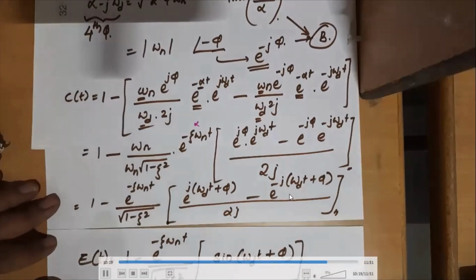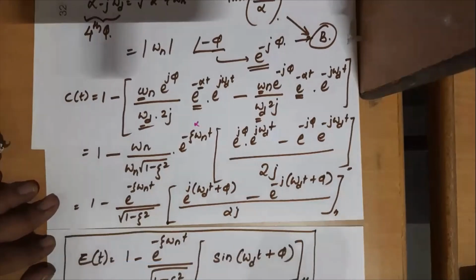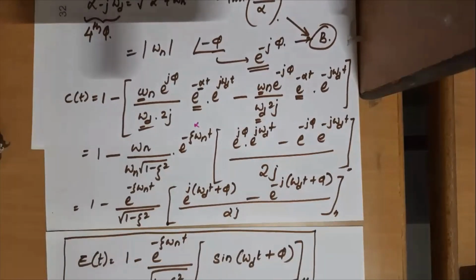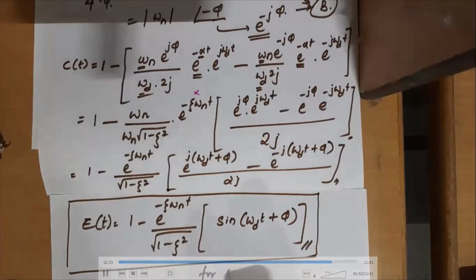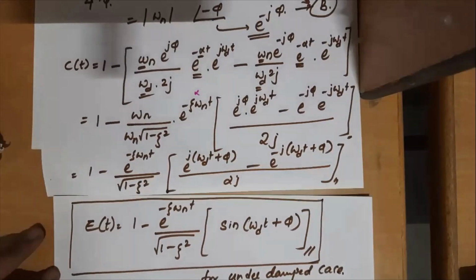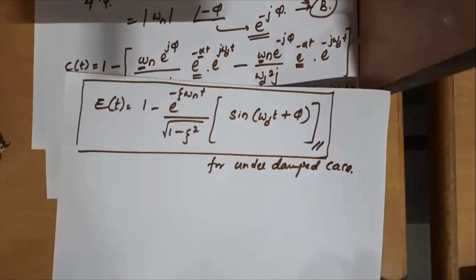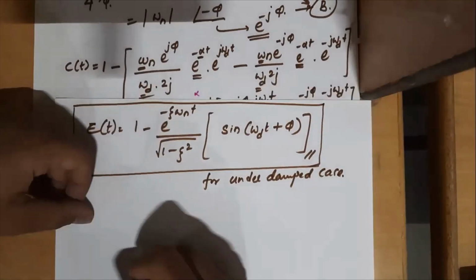So e raised to j theta minus e raised to minus j theta divided by 2j is sine theta. You can cross verify it in complex number theory. So we are done with the final expression of time domain behavior for the underdamped case. This looks quite simple compared to the previous one, and also the complicated complex j has disappeared.